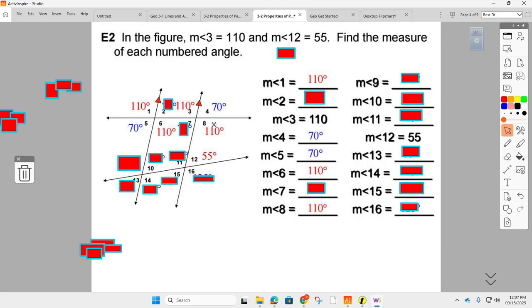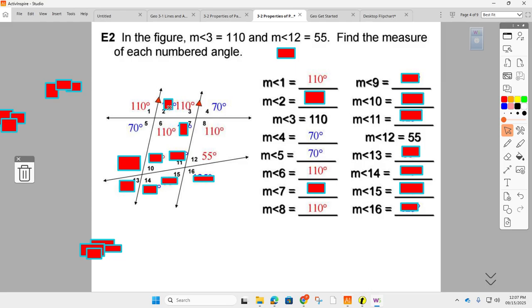We learned that same side interior angles are what, Thomas? Same side interior angles. Look at your notes for today. Same side interior angles are what? Supplementary. So what's going to be the measure of angle 2? What's supplementary mean? Add together they equal what? 90 or 180.